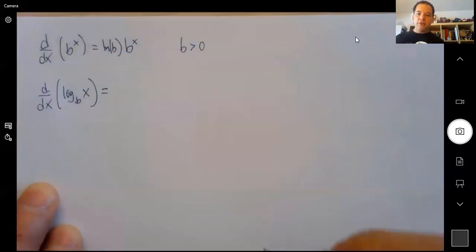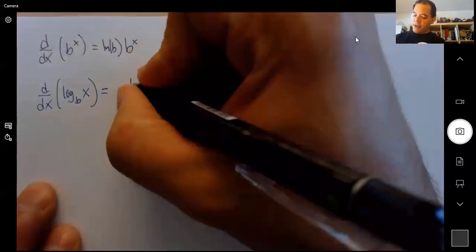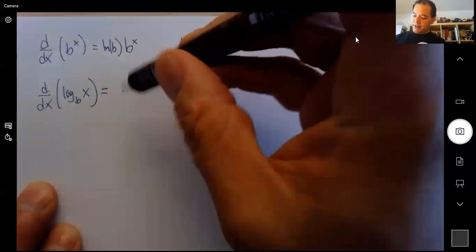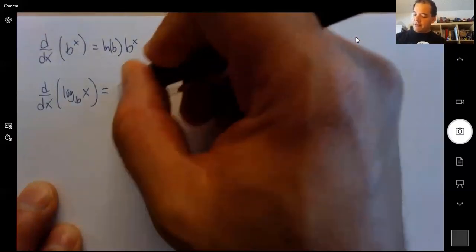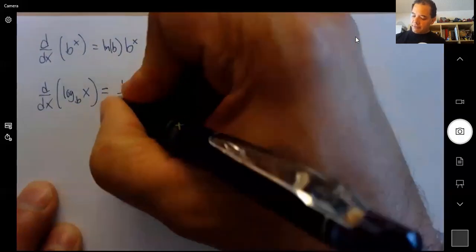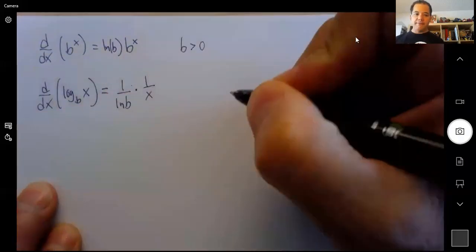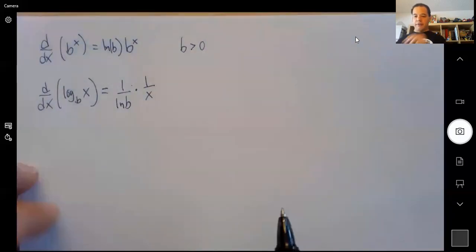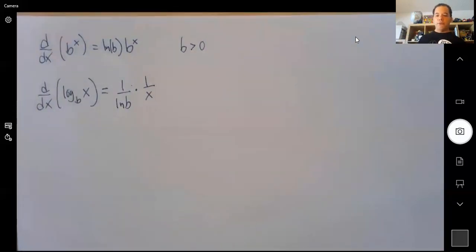And you again need to remember that this is a little bit like ln x, and the derivative of ln x is 1 over x. So this is just 1 over x, but times a constant. So it's 1 over x times a constant, and the constant happens to be 1 over ln b, right? So these are the two main ones you need to know to take derivatives or integrals, for that matter, of the logarithm and the exponential function.